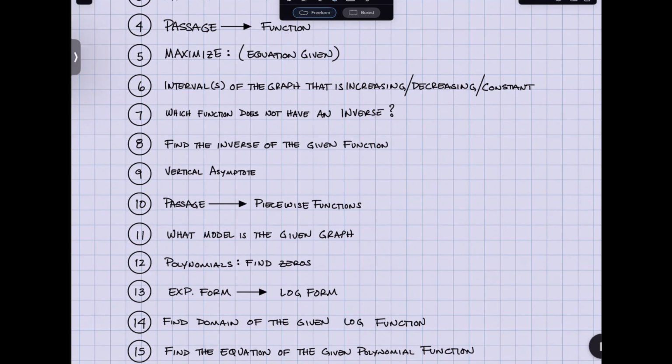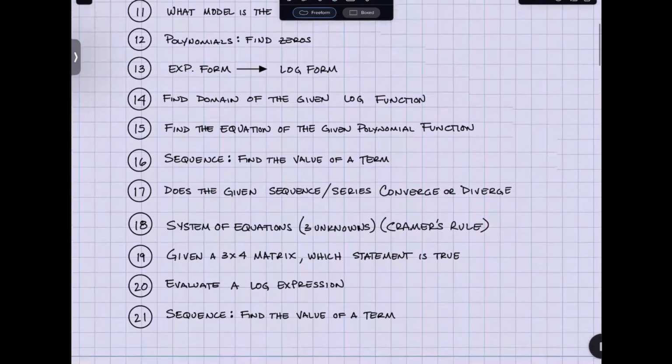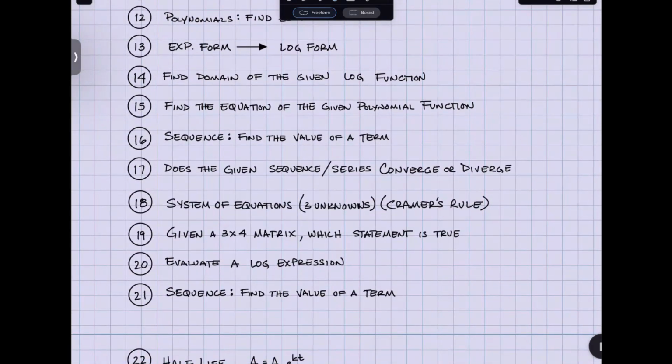Everything else good? So none of these throws you off? Again, the TI-84 versus Desmos, there is zero advantage of using either one. Just so you guys know, there are no advantages of using one versus the other.